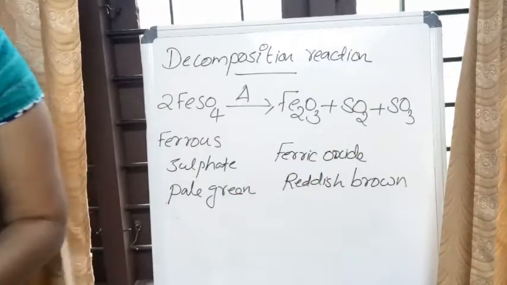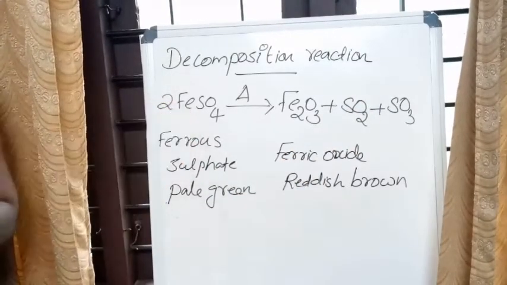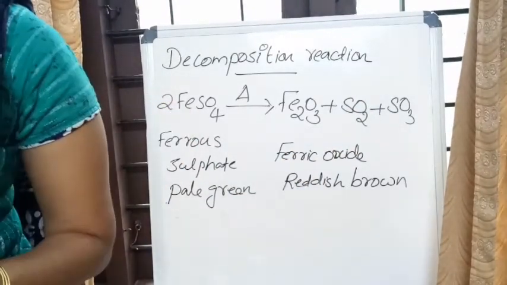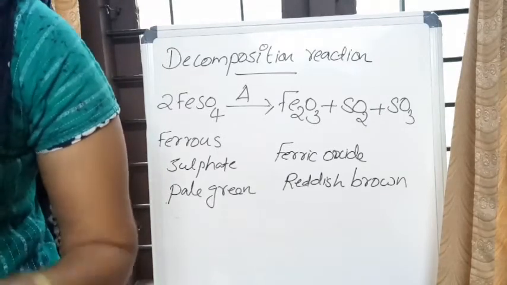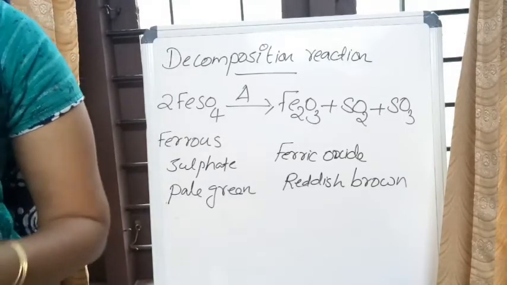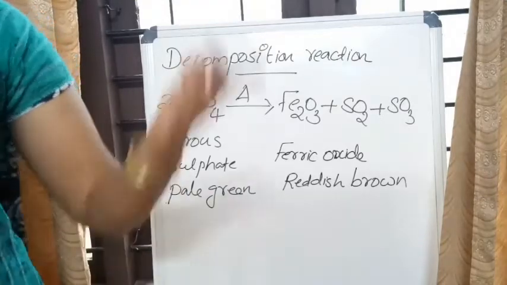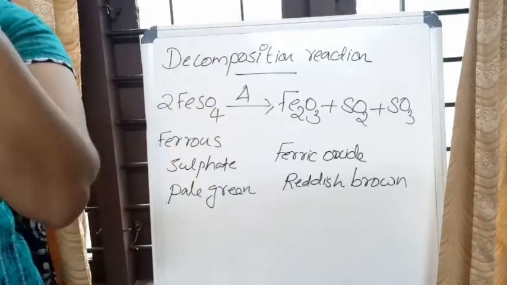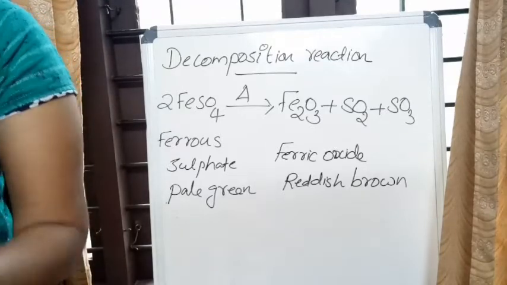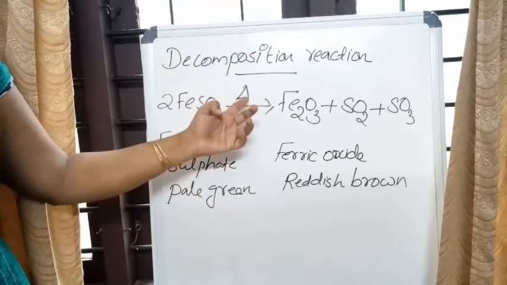And there is another very important point of decomposition reactions. Decomposition reactions are endothermic reactions. I told you combination reactions are exothermic reactions because they are liberating heat energy. But decomposition reactions are endothermic, taking in or absorbing heat. Here you can see a triangle arrow.